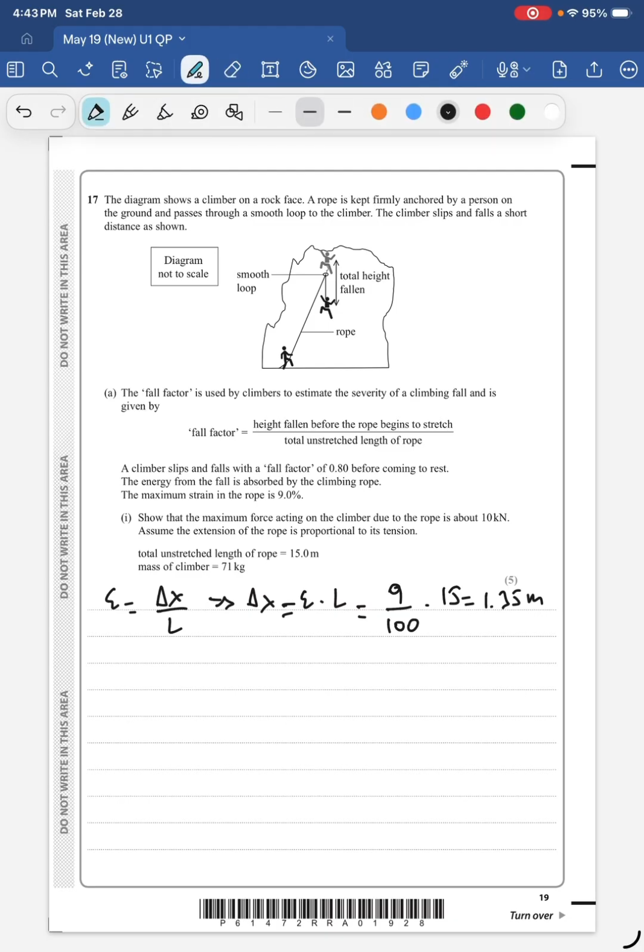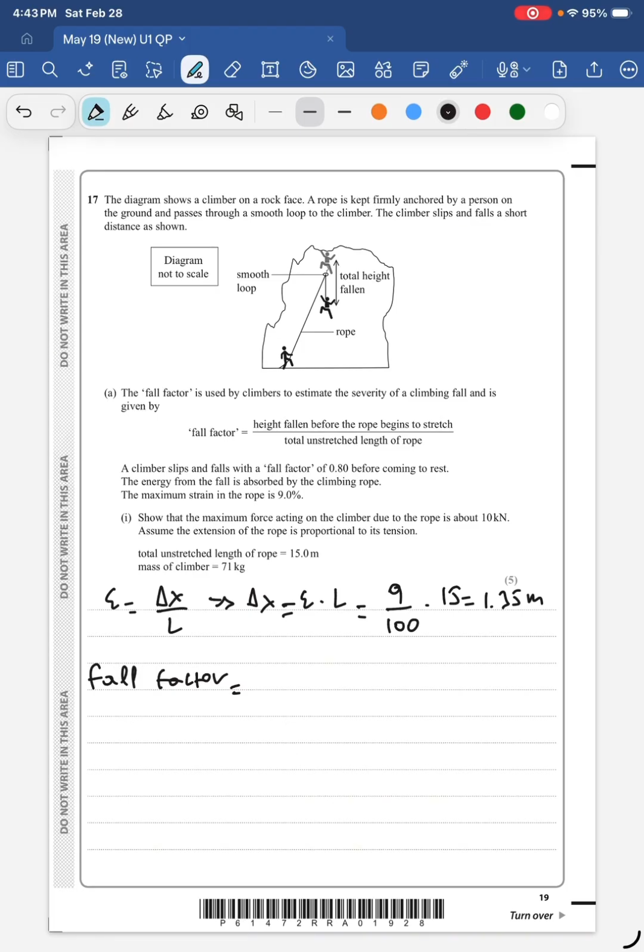All right, the fall factor. This is the type of problem they give you sometimes at A level. This is an AS level test, but they just want to test common sense, because this is not something you are taught, but you can still figure it out using the information given.